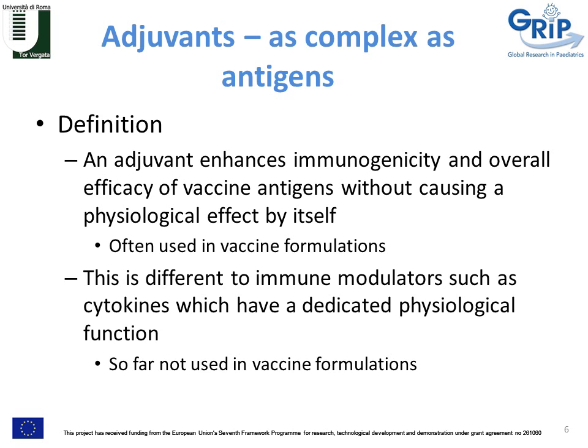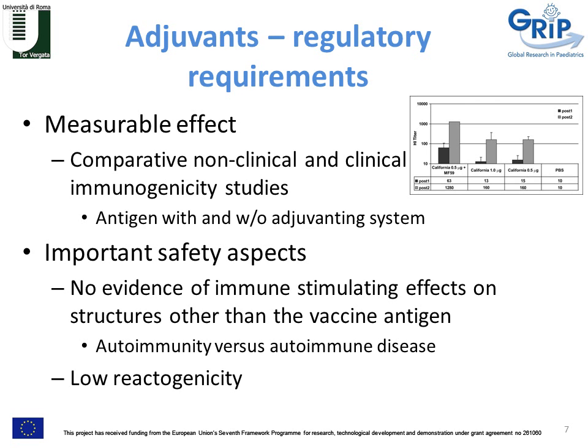And this physiological effect very often results in undue side effects. So that's one of the reasons probably why those immune modulators are not present in licensed vaccines, but there are experimental concepts in order to explore what type and to what extent such immune modulators can actually be used.